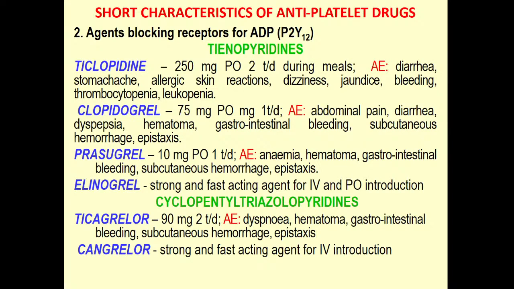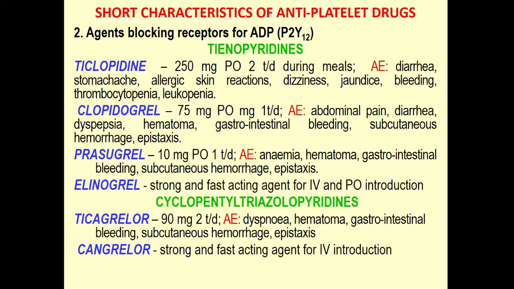Second group, agents blocking purine receptors for ADP, P2Y12 receptors. We distinguish two chemical subgroups, thienopyridines and cyclopentyl triazolopyridines.